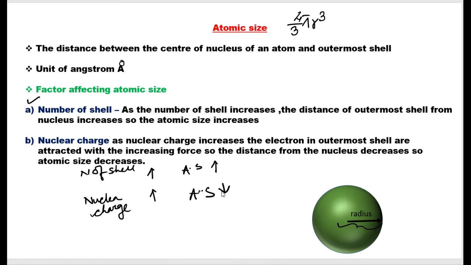Now we will see how these factors vary while going across the period and down the group. That means we are going to discuss the trends along the horizontal lines and the verticals.